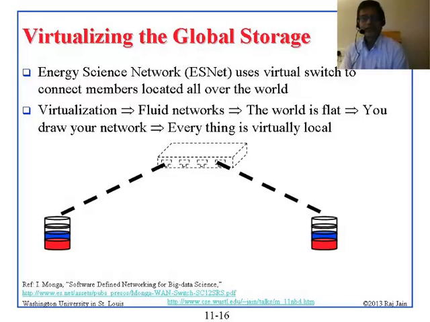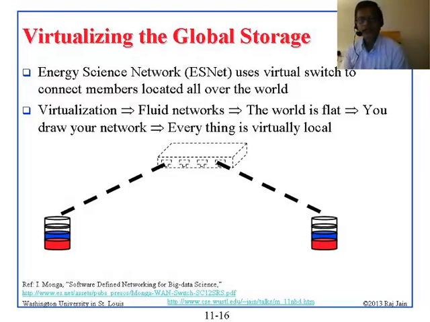But the use and the programming and other things are much easier, because if everything is local, then you don't have to worry about the details of how the data has to be moved from this location to that location. So in general, because of the virtualization, the networks have become what we call fluid.